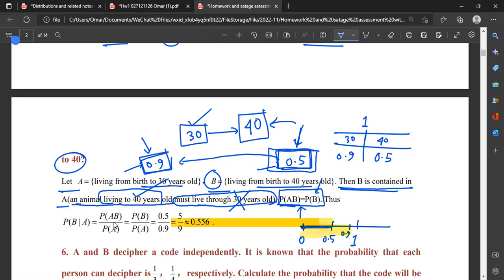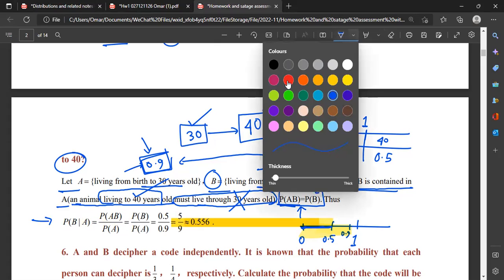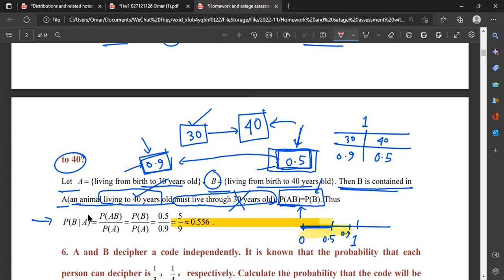And then here is the conditional probability formula. You have to understand this one. Here A is the condition. The condition is the animal has lived 30 years.